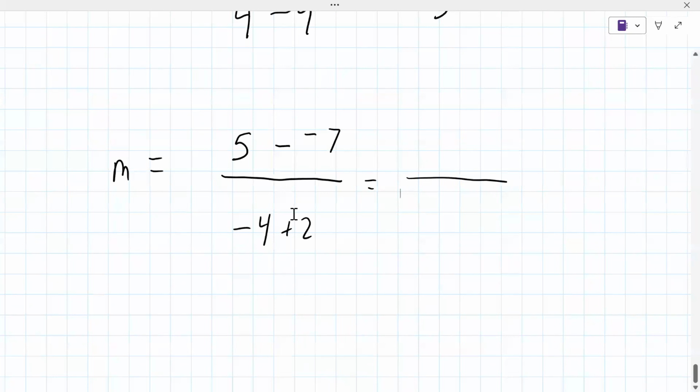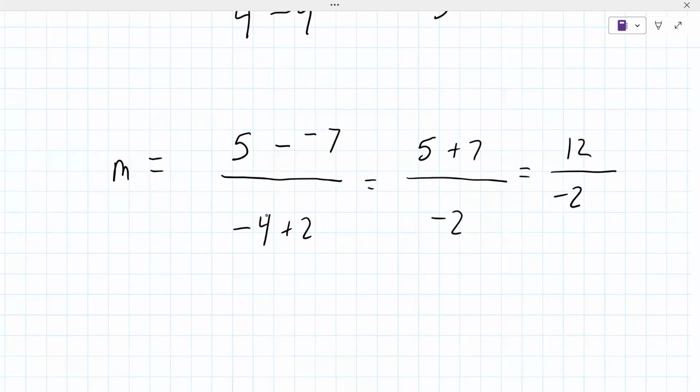Let's look at the bottom first. Would it be -2? Yes. Now on top, the double negative becomes a positive. What is 5 plus 7? 12.